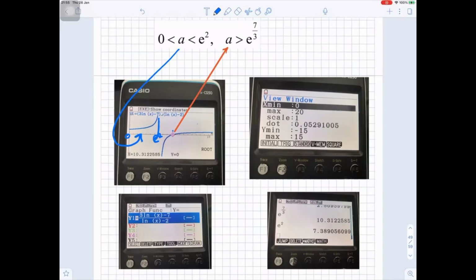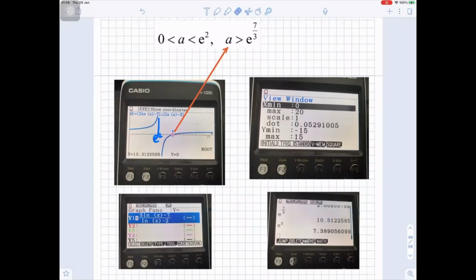And you can work out e to the 7 over 3 is 10.31. So from this point, 10.31 is positive. It's a bigger number than 0. So that's what you get there.